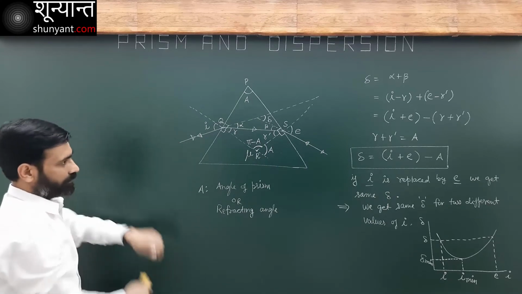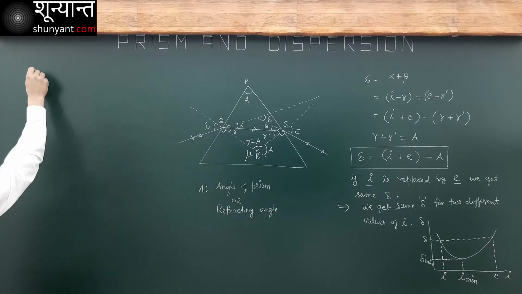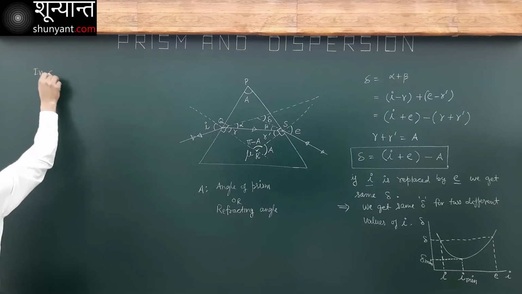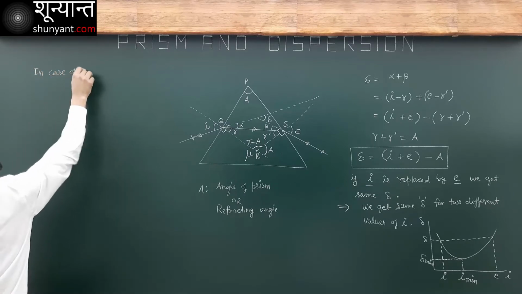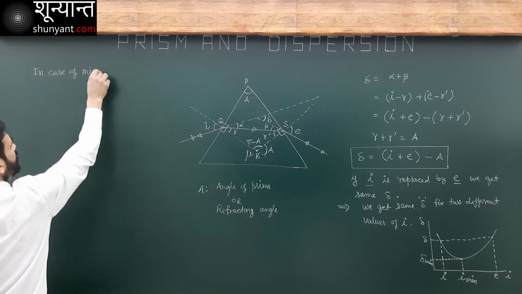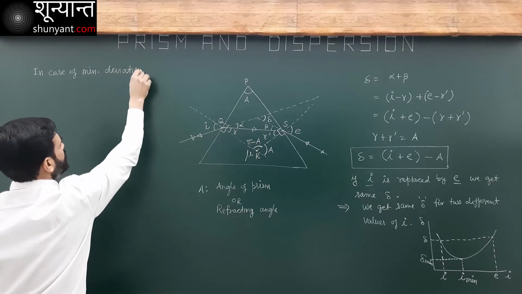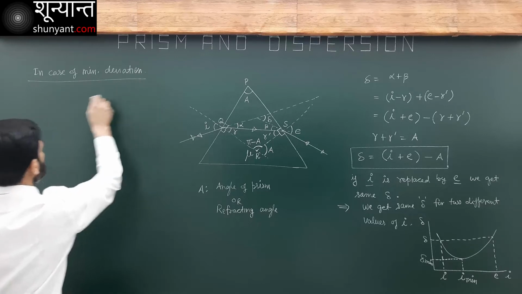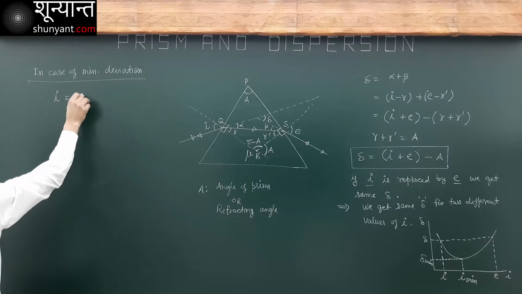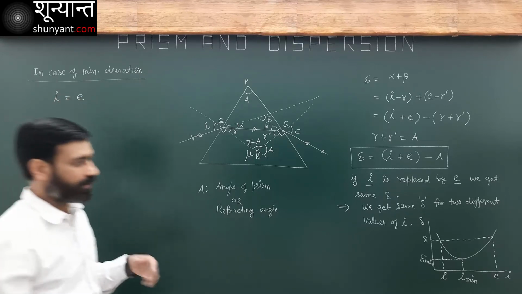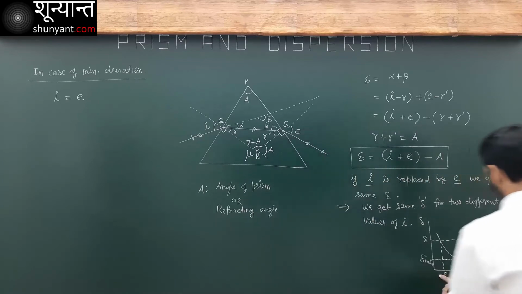Now let's write down a few properties. In case of minimum deviation, I is equal to E. Both become equal. So this is I1 and I2.